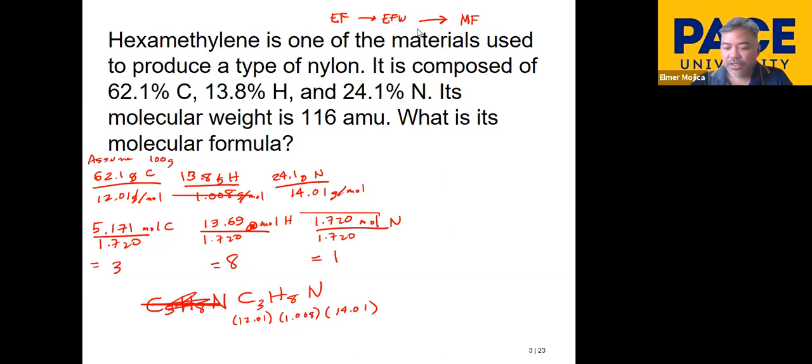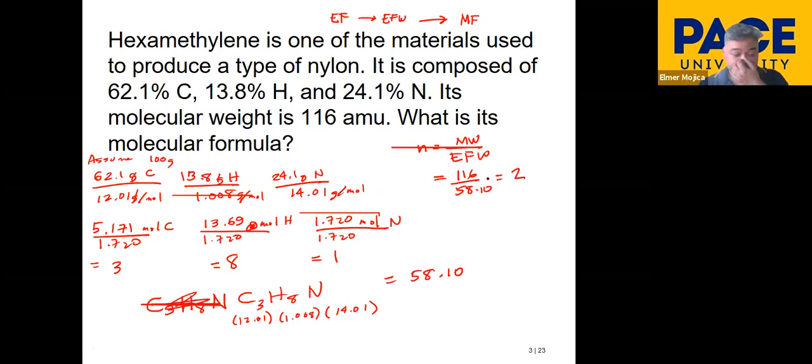Okay? So, if you're going to get this one, 3 times 12.01, plus 8 times 1.008, plus 1 times 14, so you will get here around, if I'm not mistaken, 58.1. So we get the N, molecular weight over empirical formula weight. So you have 116 divided by 58.1.